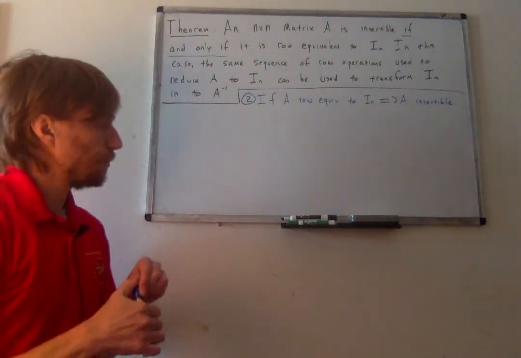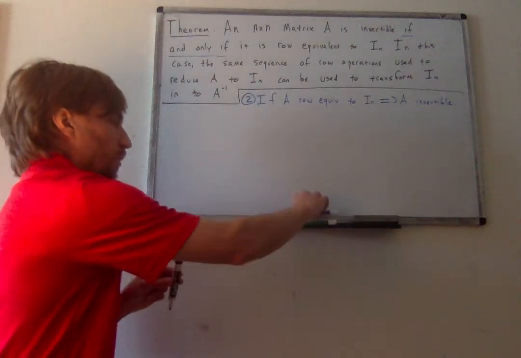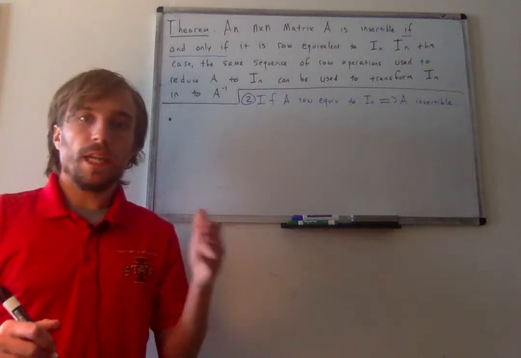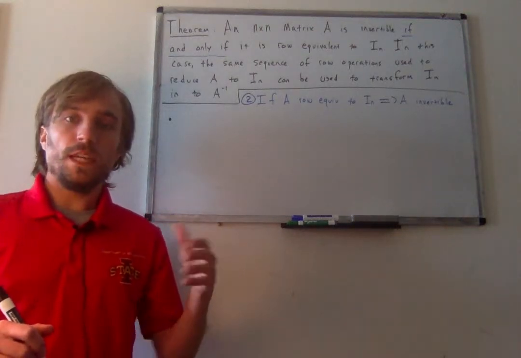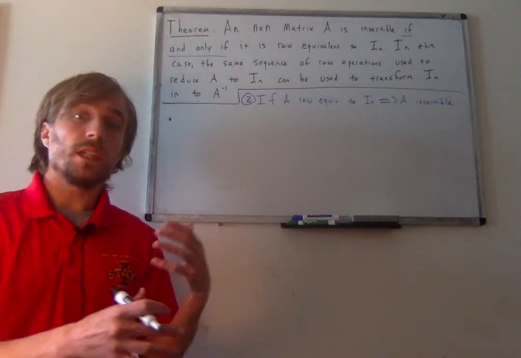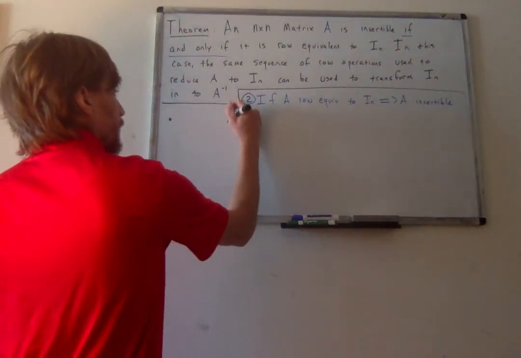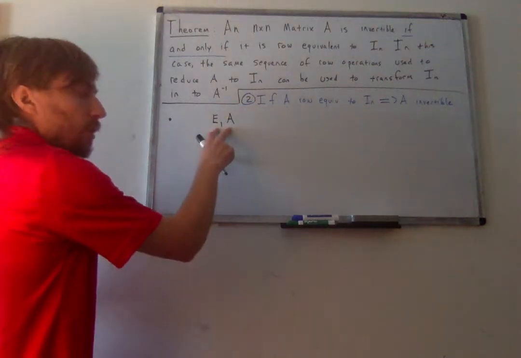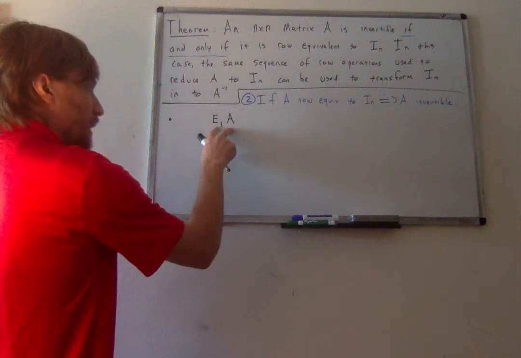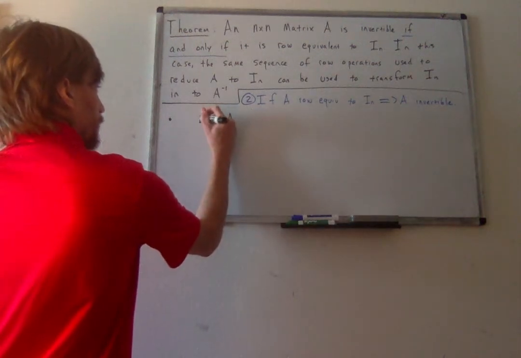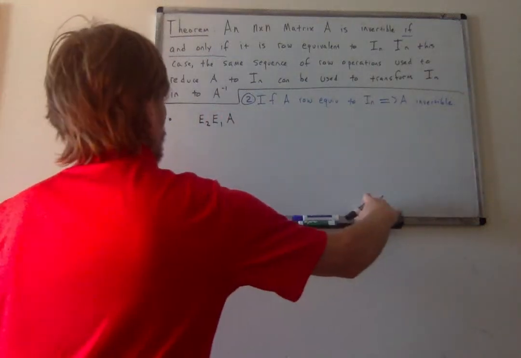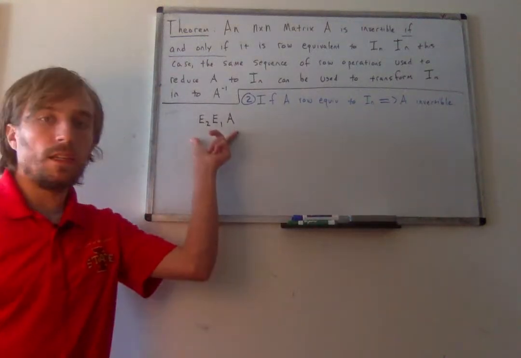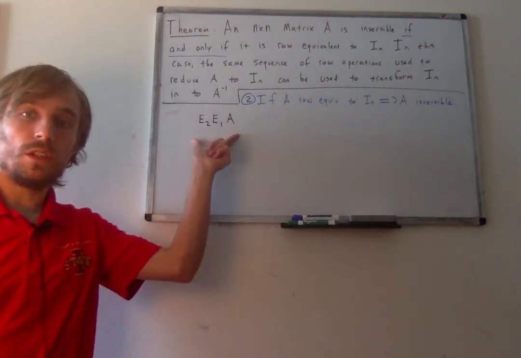Remember that with the elementary matrices that we introduced, multiplication by a single elementary matrix gives me a matrix that was obtained using a single row operation. So if I start with my matrix A and perform one row operation, I get a matrix E1 times A. If I performed another row operation, I would get E2 times E1 times A. This would be the matrix I've obtained after performing 2 row operations on A.